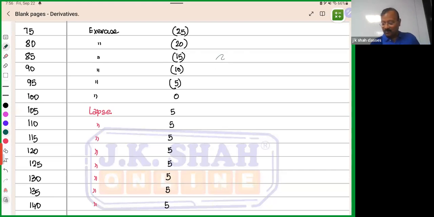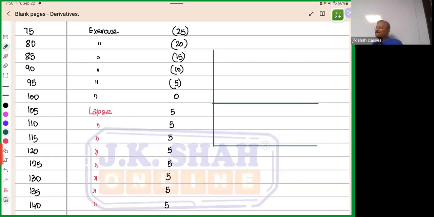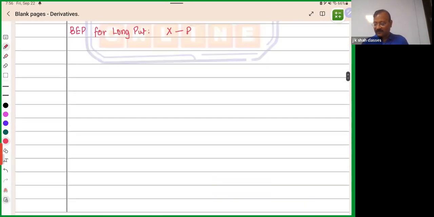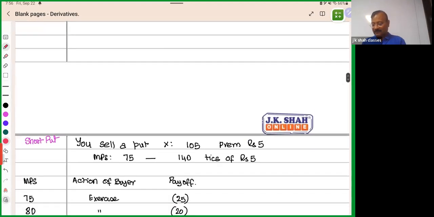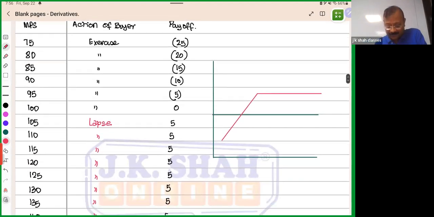which means if I were to present this in a graph, how will the diagram look? It will look like this. And if you notice, this will be a mirror image of this.